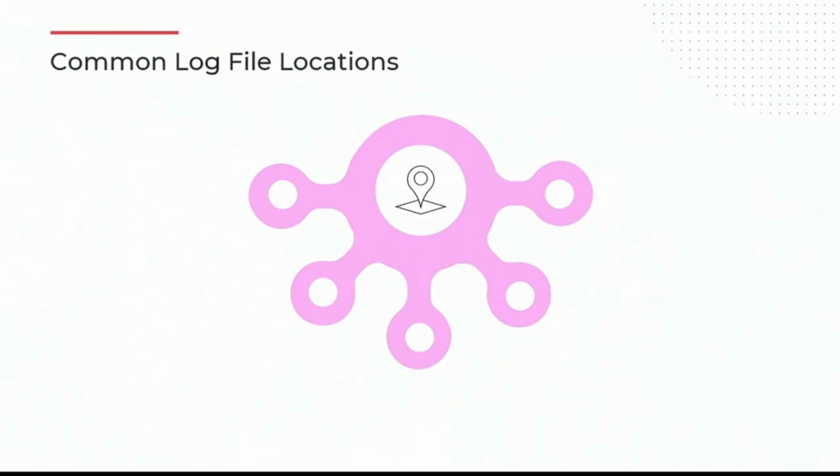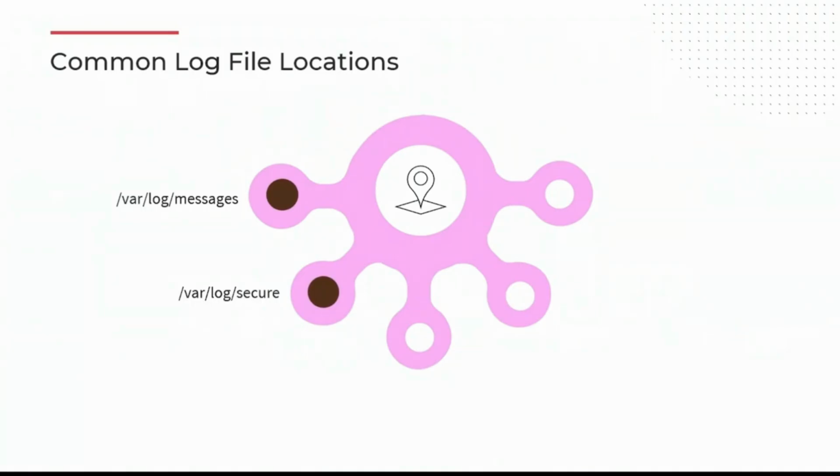Now let's explore the location of these logs. Most of them are located inside the /var/log directory, and there are a large number of them. Here's a quick overview of what you will find. /var/log/messages is a general purpose log file. If something doesn't have a designated place to go, it ends up here. Next we have the /var/log/secure log file. It records authentication-related events, such as login attempts, SSH access, and sudo usage.